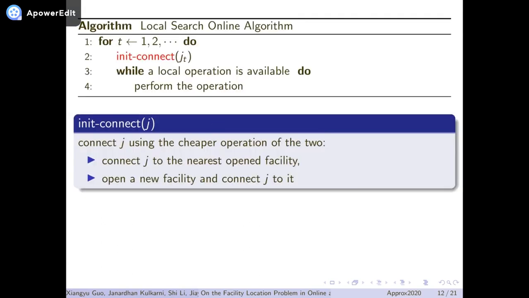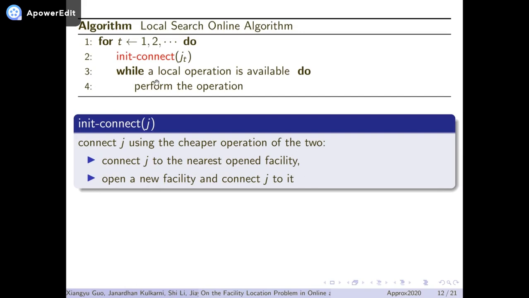The idea of the local search online algorithm is quite natural. When a client Jt comes, we use a simple scheme called initial connect to do the connection. We either connect it to the nearest open facility or open a new facility to connect it, depending on which costs less.